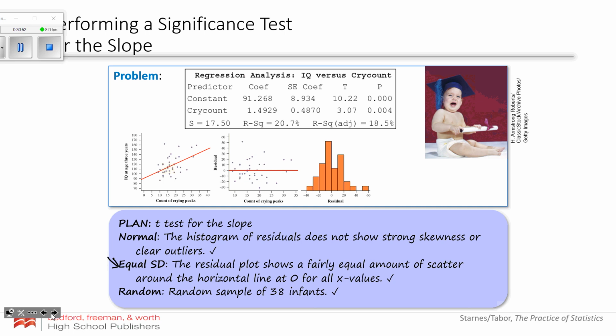Ready? I'm going to try and draw this. By the way, we've been talking a lot about positive relationships. This all goes for negative relationships too, so I'm going to use a negative one as an example. Bear with me. If this is my least squares regression line, and this is the data.